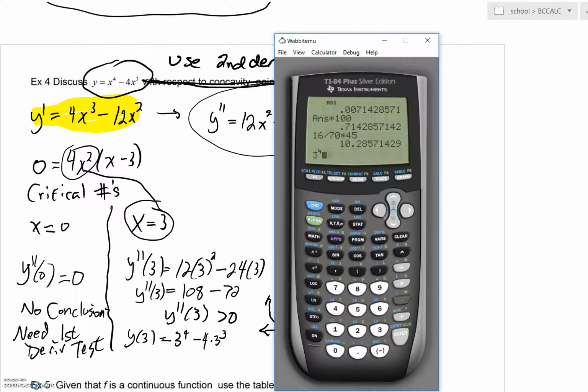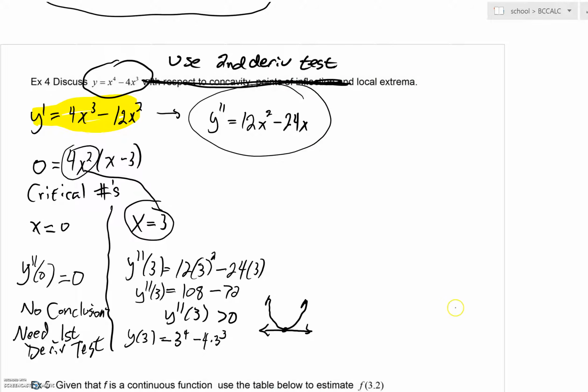So it's not like that's horrifically bad. You know, just crunching some numbers here, you can see we get negative 27.